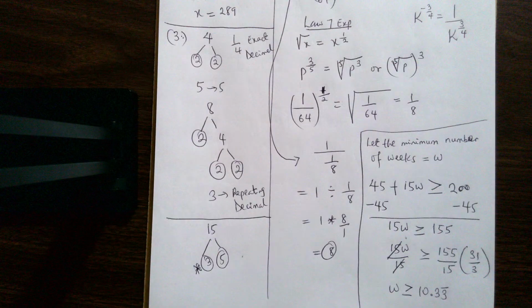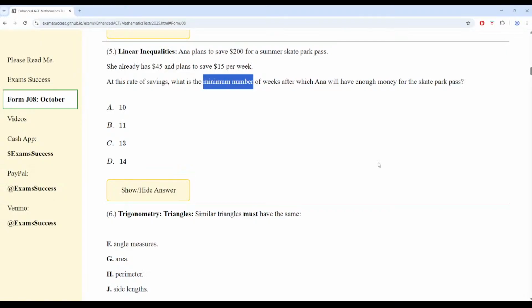Why we wouldn't say 10 is because in 10 weeks, she still has not saved $200. The question says minimum number of weeks. That's the smallest number of weeks. If we say 10, because we still have a remainder, it won't work. It won't be up to $200. So the minimum is 11 weeks.